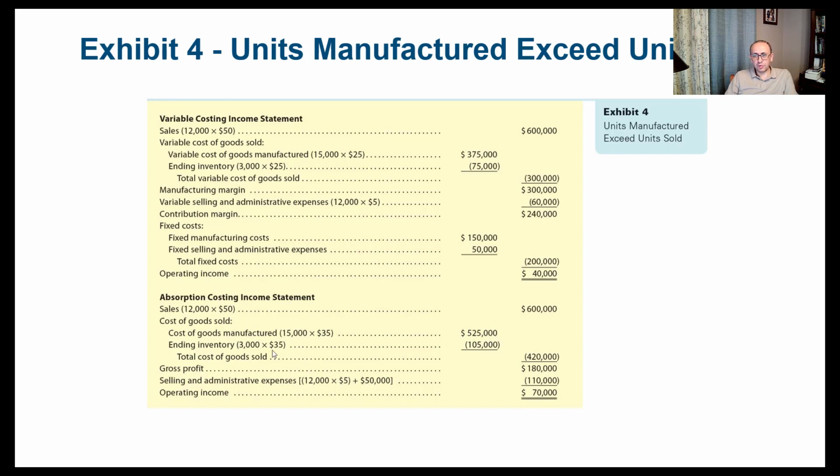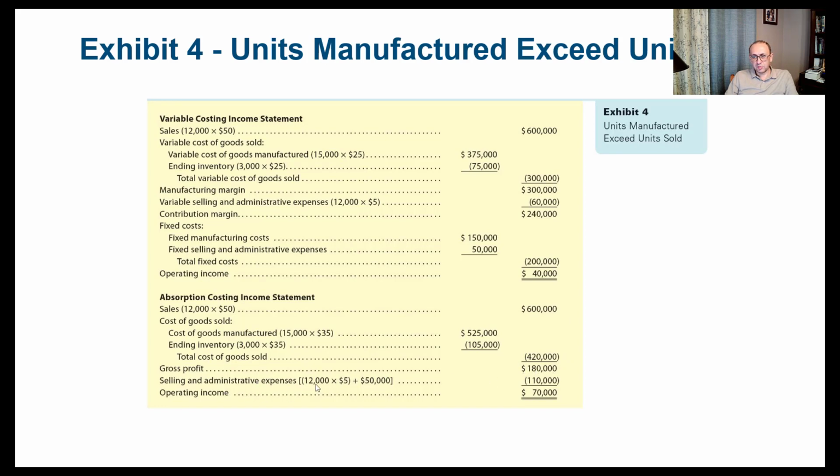And then the ending inventory, 3,000 multiplied by 35, is 105. Remember, the cost of goods sold includes the variable and the fixed cost of goods manufactured. So the total cost of goods sold would be 420. If we subtract the 420 from the 600, the gross profit would be 180.